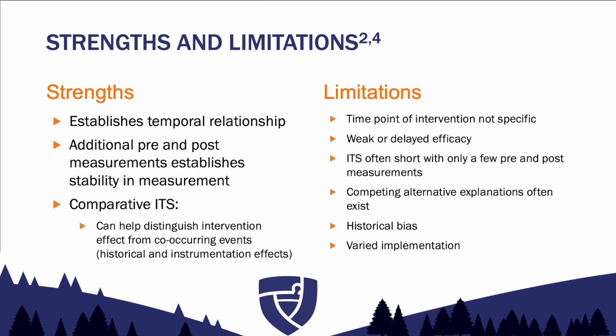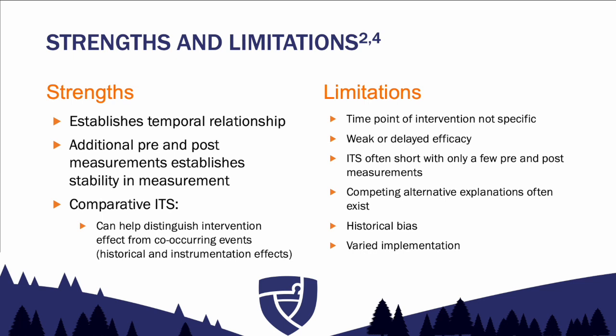Then, as mentioned on the previous slide, comparative interrupted time series can help distinguish intervention effects from co-occurring events, though notably if intervention and comparison groups are different at baseline, historical or instrumentation threats may not impact each group to the same extent. Therefore, historical and instrumentation bias are still limitations in comparative interrupted time series.